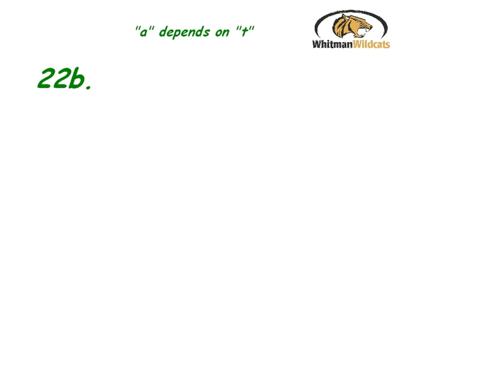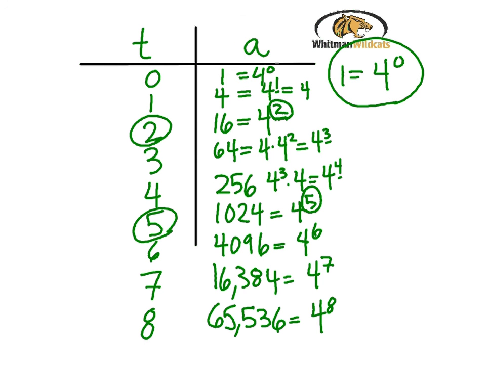So let's write our equation. Again, the number of amoebas A depends on the amount of time that's gone by, T. So A depends on what our T is. And when we look back at the table, we've got 4 to some power, 4 to some power.